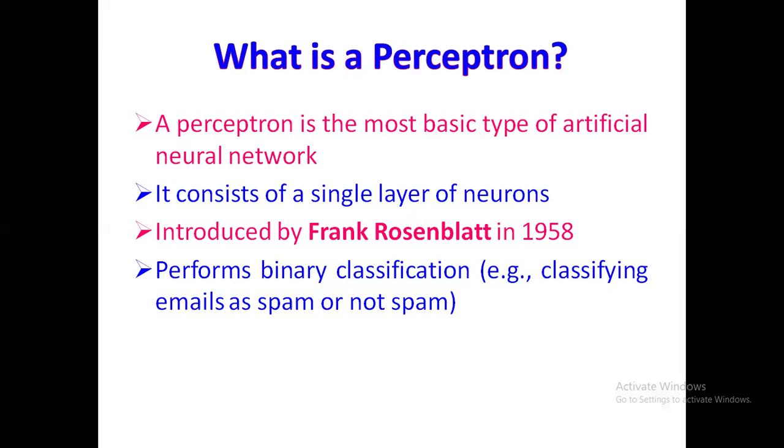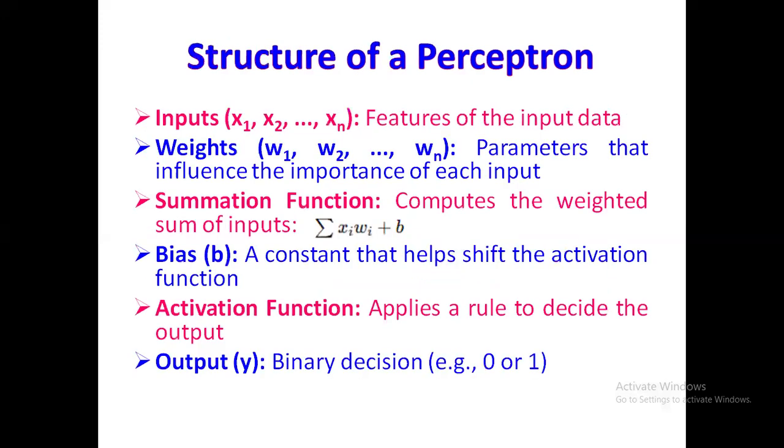The perceptron is specifically designed to handle binary classification tasks, such as determining whether an email is spam or not, or, in the medical field, whether a tumor is malignant or benign. Despite its simplicity, the perceptron laid the foundation for more advanced neural networks like multi-layer perceptrons, that is MLPs, which can handle non-linearly separable problems. We will discuss this in later lectures.